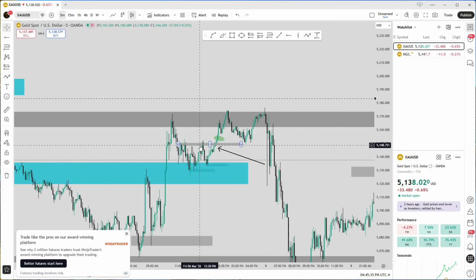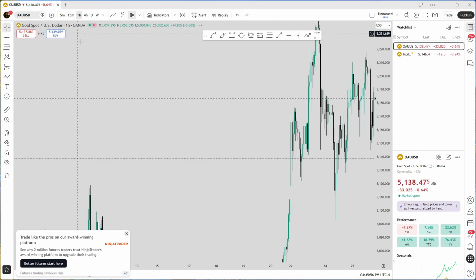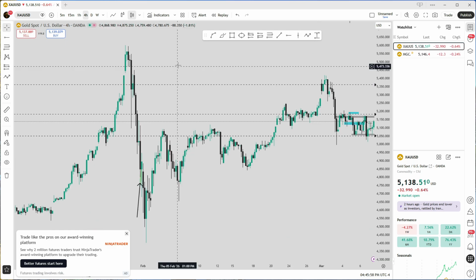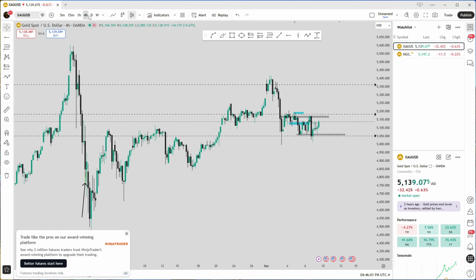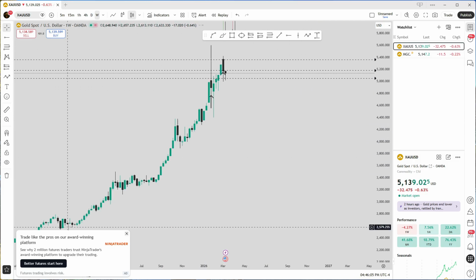Why I'm at this gray zone here is because I need price to break a high on the lower time frame, because a key thing in the market is each time frame builds into the time frame higher than it. For example, this 5 minute is gonna build into the 15 minute. The 15 minute is gonna build into the 1 hour. The 1 hour is gonna build into the 4 hour. The 4 hour is going to build into the daily, weekly, and I can go on.